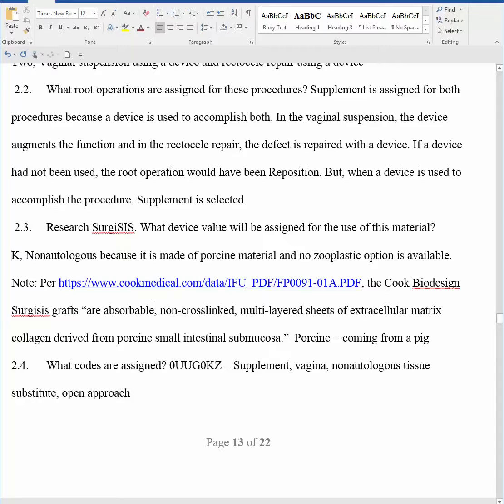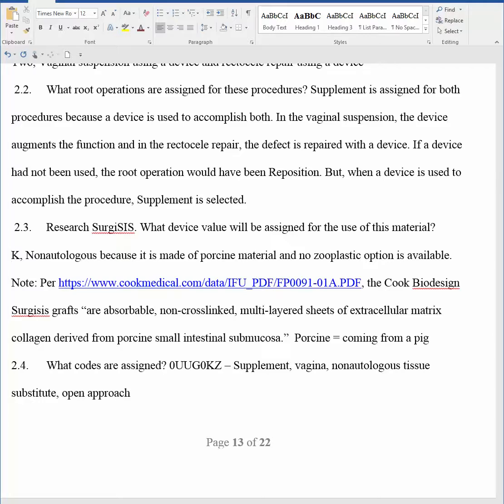Unfortunately, at this moment in time, there's no option at that table for a xenograft designation. But we do have the designation at the table that says this is not human material. It's not human biological material, which is non-autologous, so we choose that option.